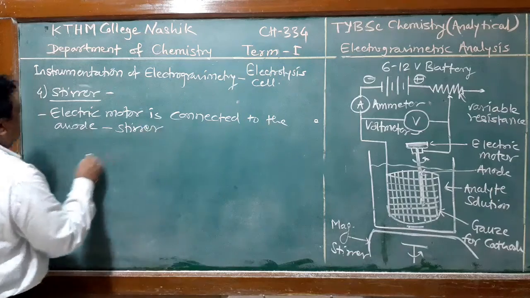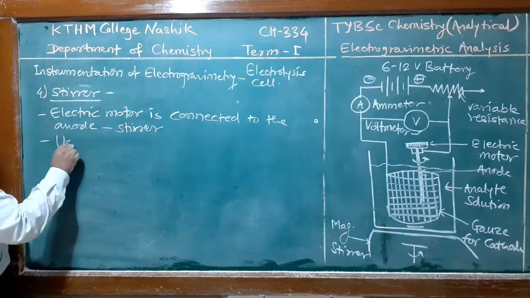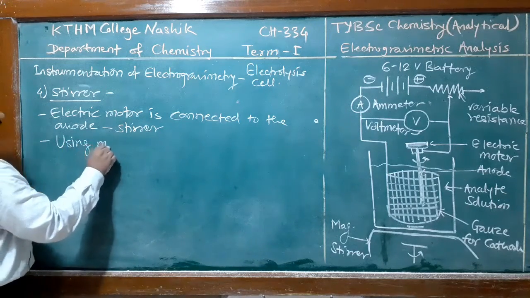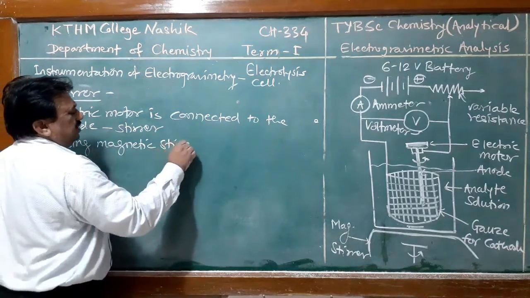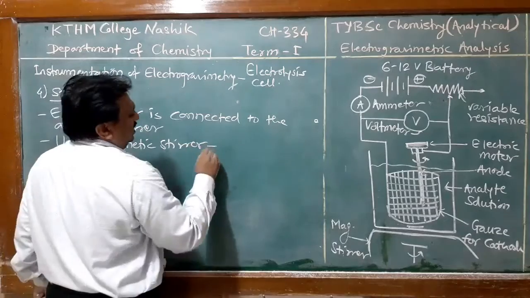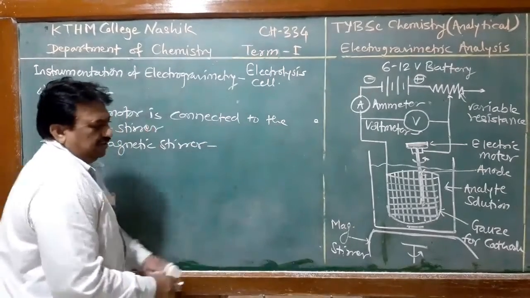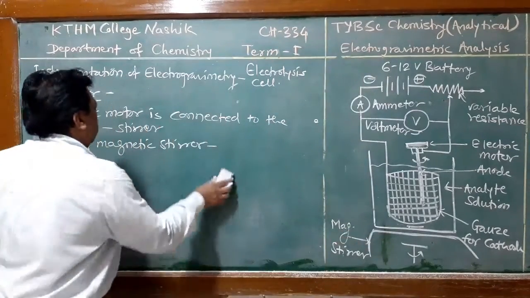Sometimes the stirring process may be carried out by using a magnetic stirrer, in which the stirrer is kept on the platform of the magnetic stirrer.